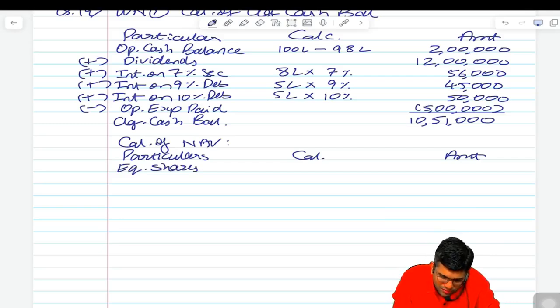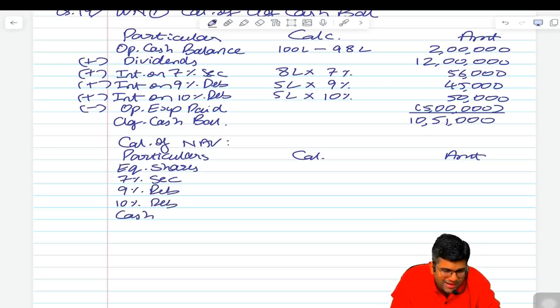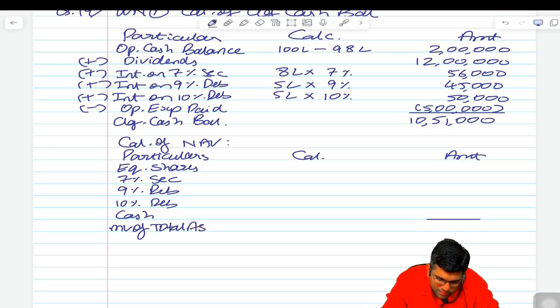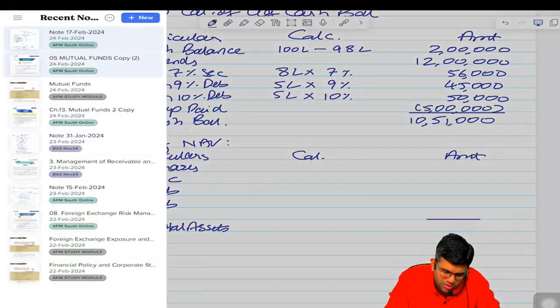I will have to calculate the market value of the 7% securities, market value of the 9% debentures, market value of the 10% debentures, and cash. These will be the market value of the assets held by the mutual fund. Everyone understanding now what I am doing? And then liabilities, if any, will be subtracted. Then we will divide by number of units.